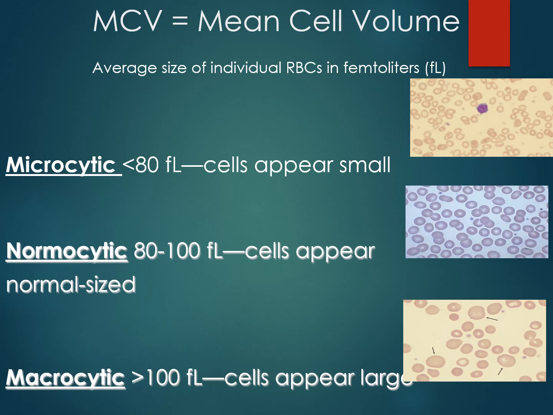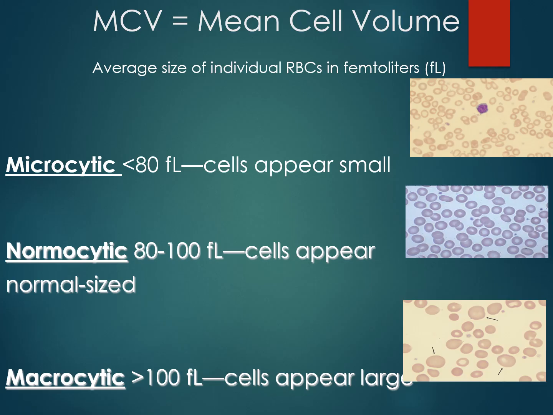So you can see them in comparison to this small normal lymphocyte. They should be about the same size, and clearly most of these are much smaller. So this patient would have microcytic red blood cells, meaning small cells.